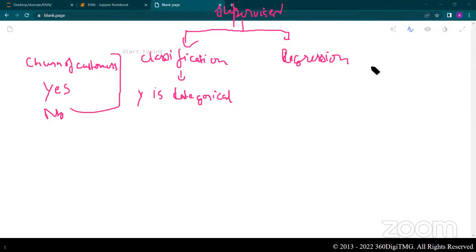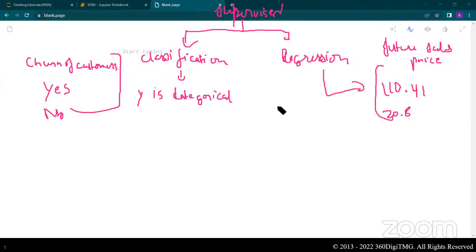And similarly, if I'm predicting the future sales price, you might have 110.41, 20.8. Now this is where you have regression. Here y is numeric. So this is the basic difference between regression and classification.